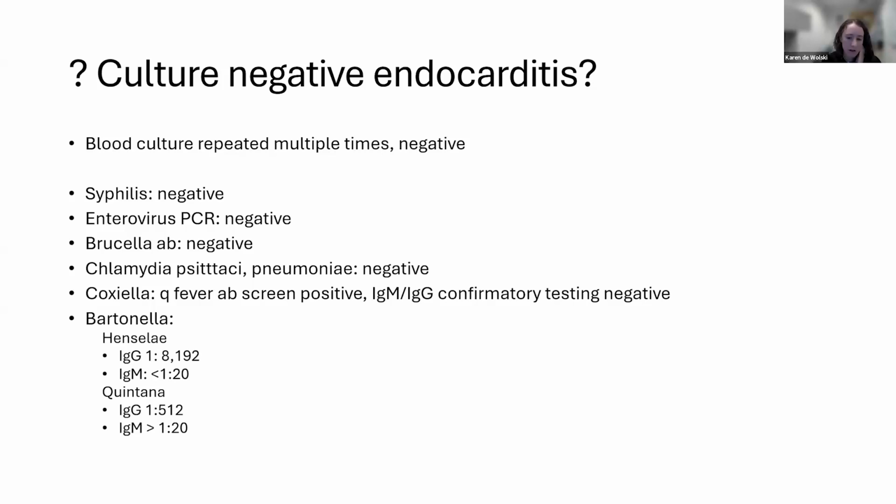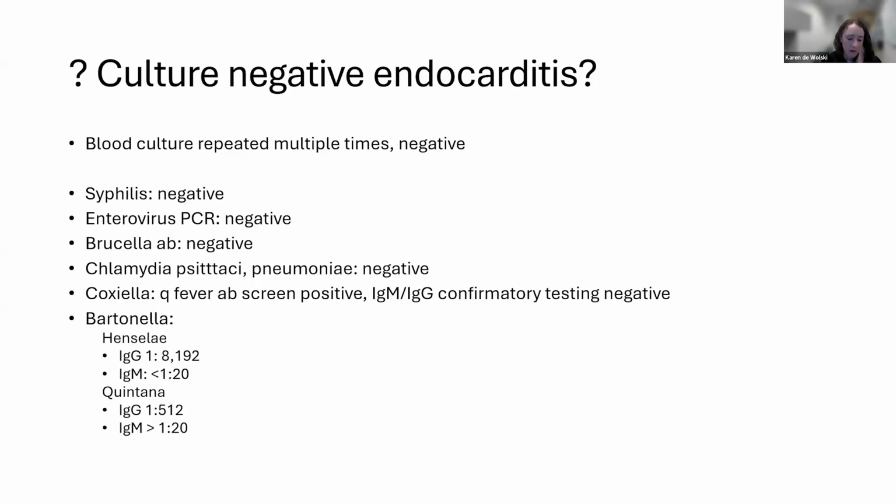And he really had no exposures that would make him at risk for Coxiella. He had spent essentially his entire life in the Seattle area. And the confirmatory test for Coxiella was ultimately negative. But his Bartonella testing did ultimately come back with very high titers. And it was actually both IgM for Quintana, and he also had prior IgG positivity for Henselae.